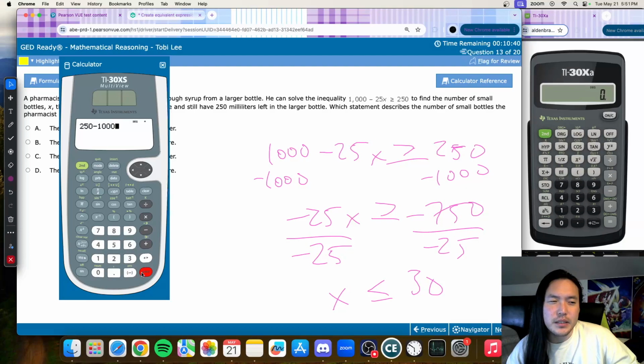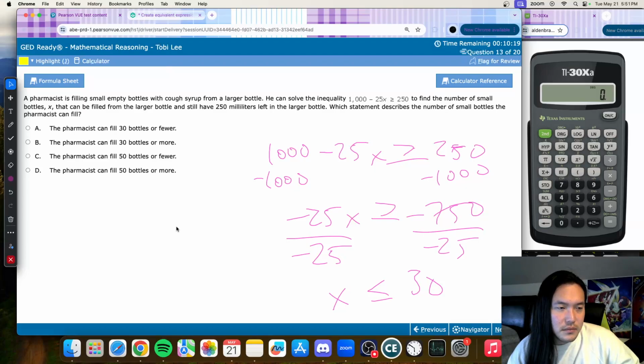I don't trust my mental arithmetic, so I'm going to do it on the calculator. It was correct that time. Yeah, 250 minus 1000 is negative 750. Negative 750 divided by negative 25 is 30. Answer is A.